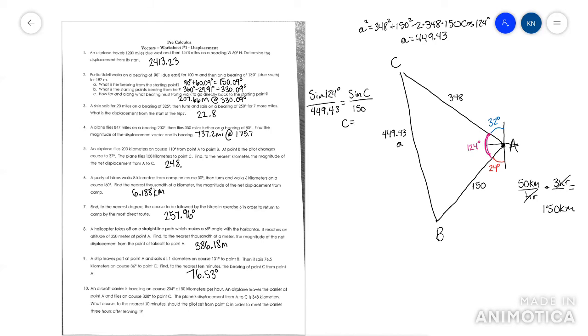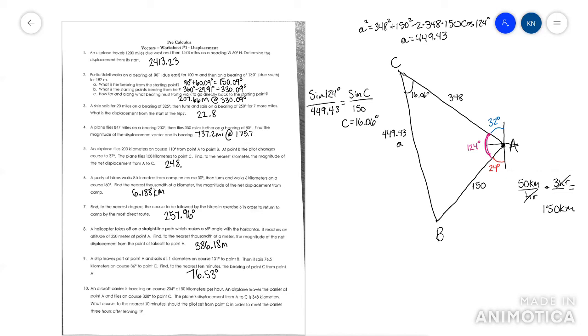You'll get angle C as 16.06 degrees. So this right here is 16.06 degrees. All right, I'm not going to need this angle, so I'm not going to get it. These are all the angles I need.